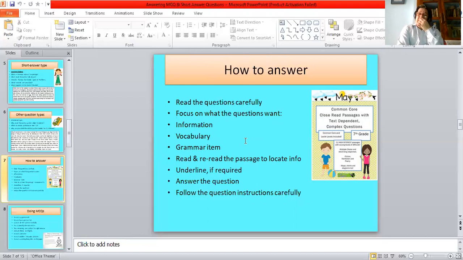Then you reread and locate the specific information about which you are questioned. So you read the passage, go back to the questions, read the questions, and again go back to the passage, or vice versa. Questions, passage, again questions, or passage, questions, again passage. Now, underline or mark out in the passage the relevant areas where you are asked questions about.